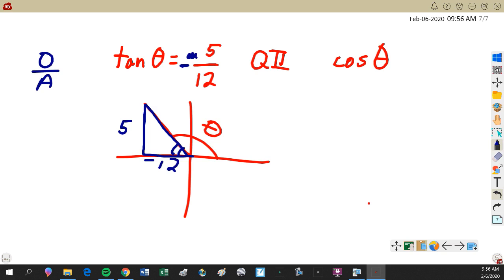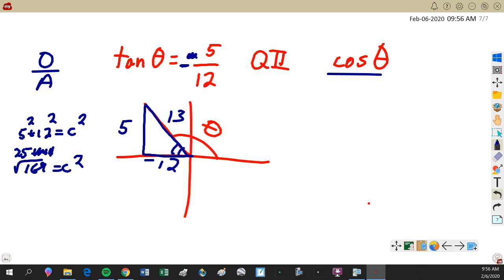Okay? So I can use the Pythagorean theorem to figure out what the hypotenuse is. So 5 squared plus 12 squared equals c squared. So that's 25 plus 144 is 169 equals c squared. The square root of 169 is 13. Now I have the triangle finished.